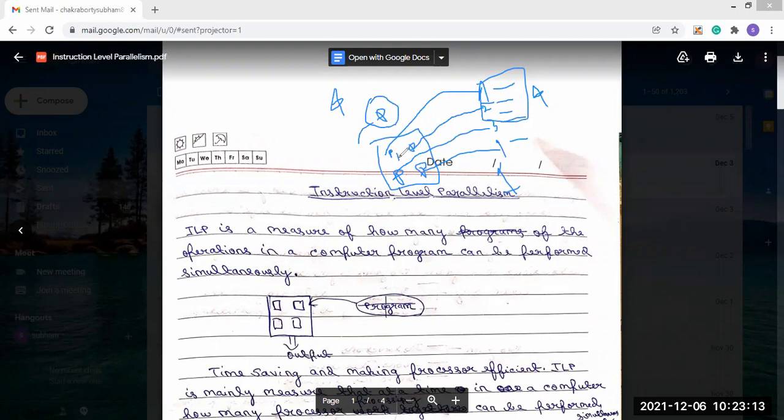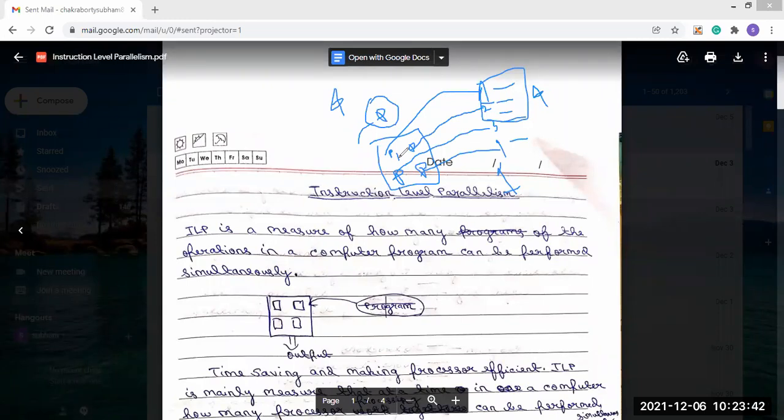So to save time and execute efficiently, we use the parallelism concept. That is why we use parallelism in computer architecture: as users we want our instructions executed efficiently and in a small amount of time.